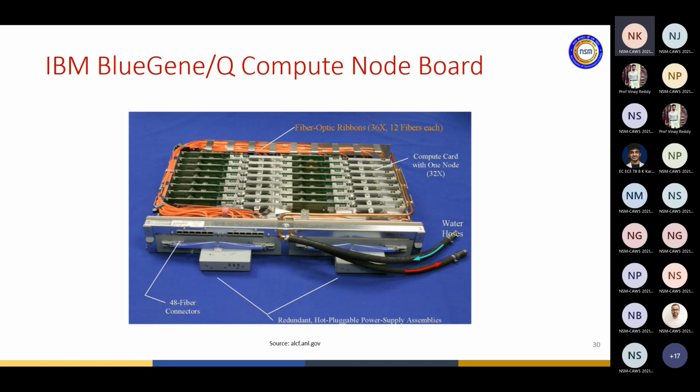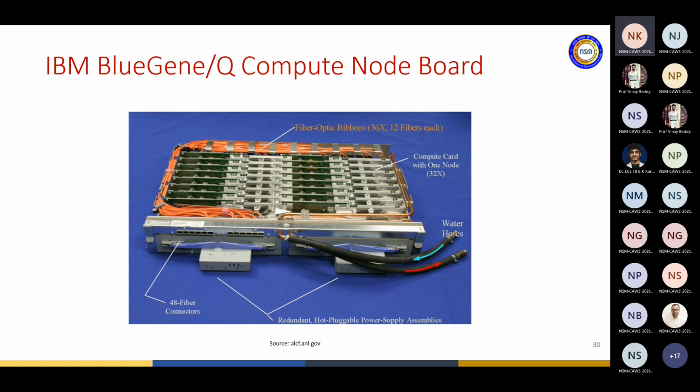We have the networking, the fiber optics cable here, which is required for all the networking with the other nodes. And we have to cool the system, so there are these water pipes, which you can see as this thick black line. Just one node is so complex, and then you have 32 nodes packed into what they call a compute board. So that is also very complex.